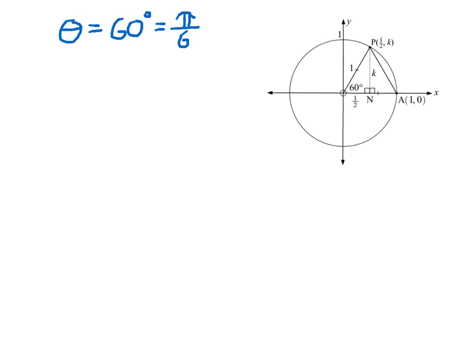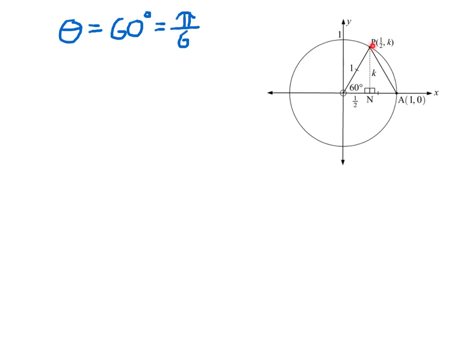Let's now consider the angle 60 degrees, which we know is equal to pi over 6 radians. And let's take a look again at another blank unit circle.